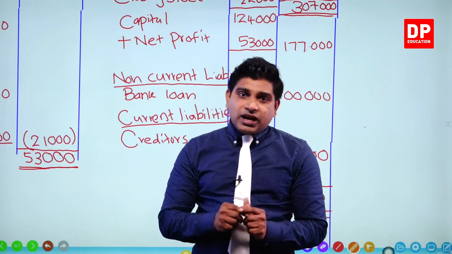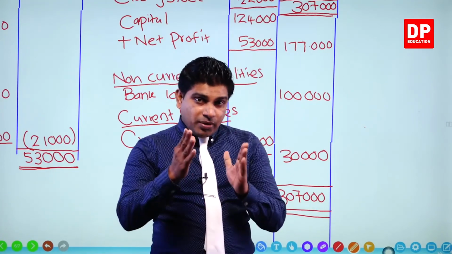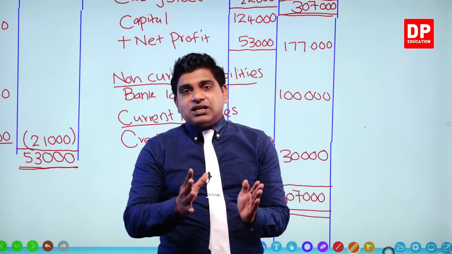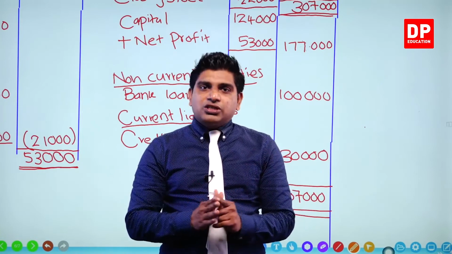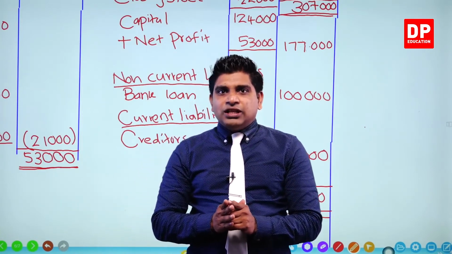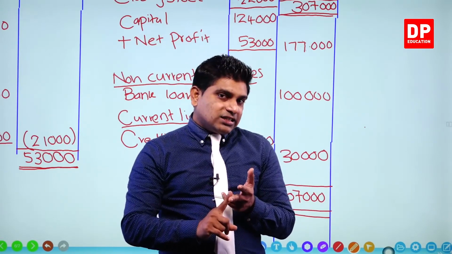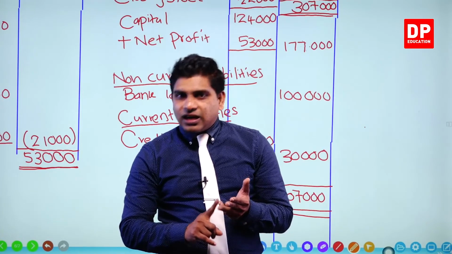Then we started how to draw statement of financial position. You remember, it is similar to the accounting equation. It is a formal presentation of the accounting equation. So we draw statement of financial position. There we classify all the assets into two categories, non-current assets and current assets. Liability, non-current liabilities and current liability.